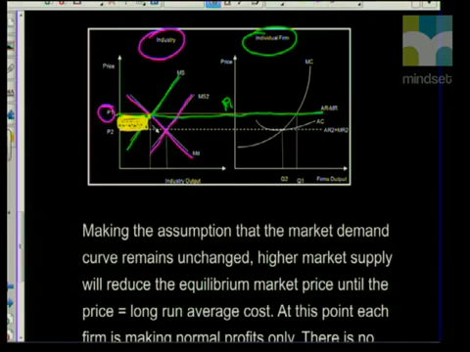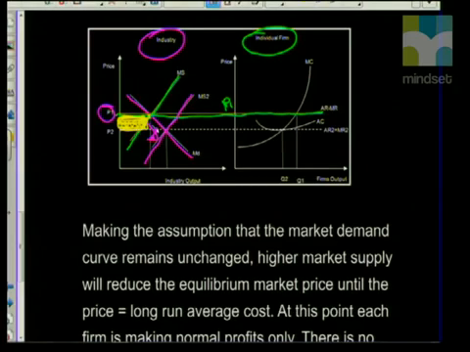When you see an increase in supply, you actually see the market supply moving to the right or outward. And if you know your normal demand and supply curve and the interaction between demand and supply, what happens when there is an increase in supply is there will be a drop in the price of the product.